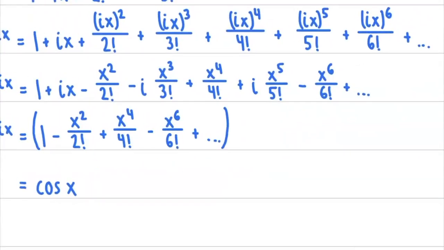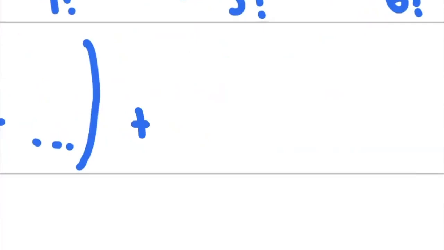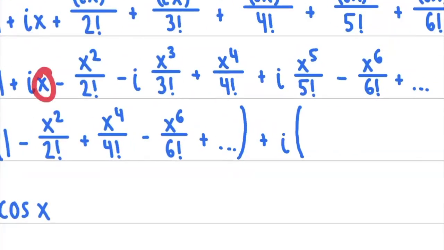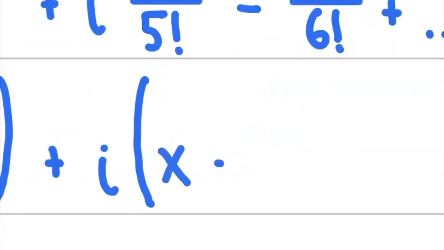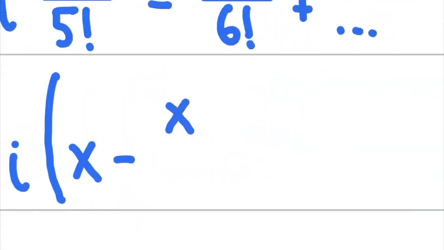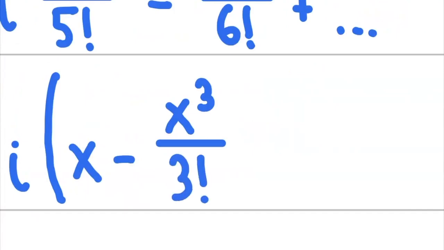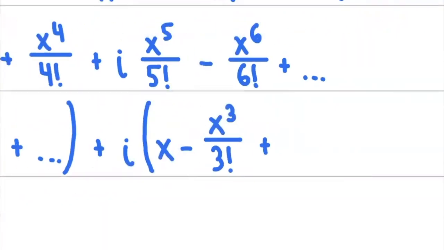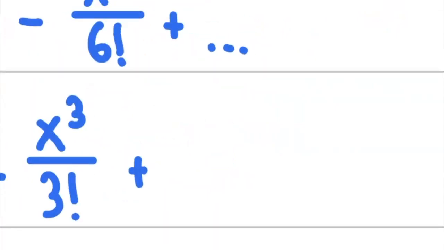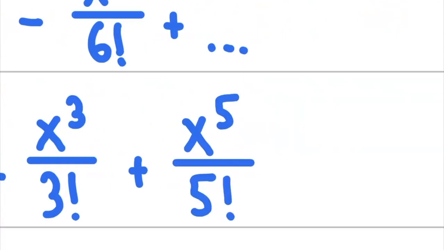So now I'm going to group the terms with i in them, and I'm going to factor the i out. So I'm going to have plus i factored out. That's going to be x minus x cubed over 3 factorial plus over here x to the power 5 over 5 factorial.